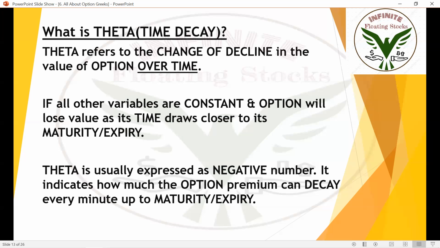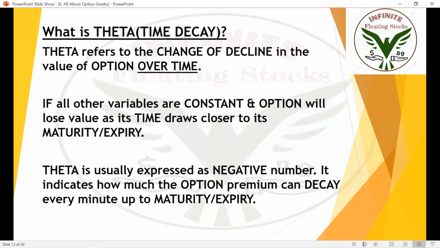Imagine that you have bought a Fortuner car, and the value of the car today is 25 lakh. What will be the value of the same car after 10 years? The value of the car will decrease, right?